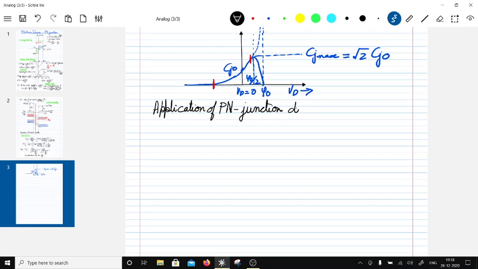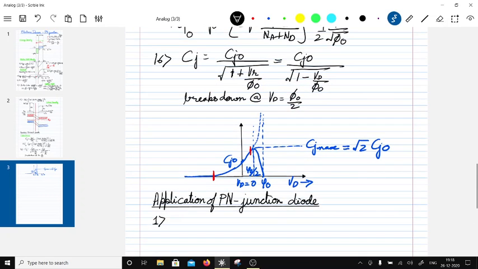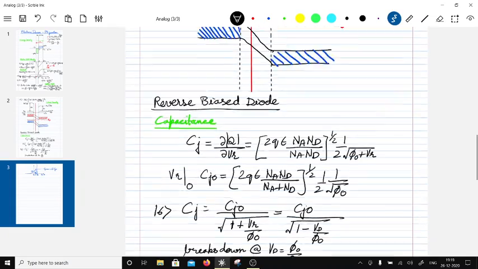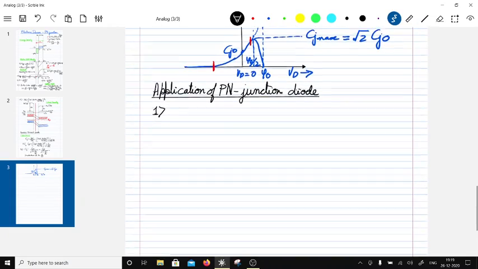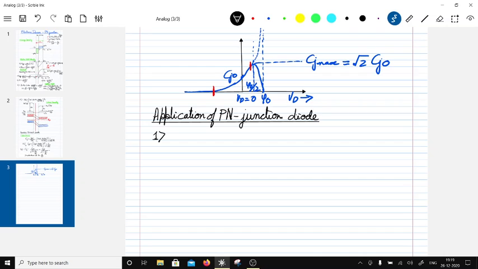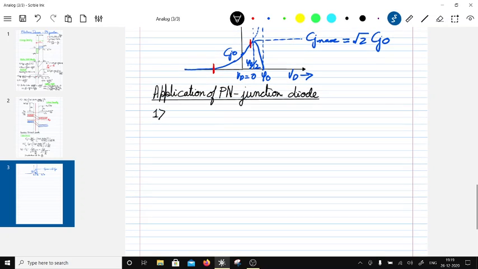One is that it is used as a rectifier, because it obstructs the flow of charge when it is reverse biased, while it allows current to flow when it is forward biased. We will talk about forward bias later on. So this is used as a rectifier.